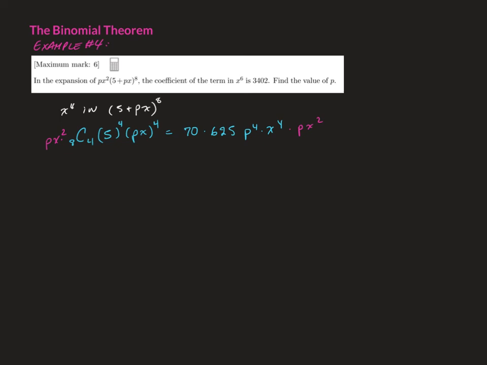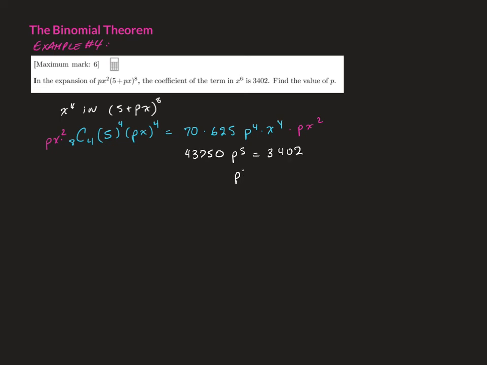And we can create an equation for p. So this should be 70 times 625, that is 43,750, p power 5 and x power 6, but we're not writing it. And this should be equal to 3,402.